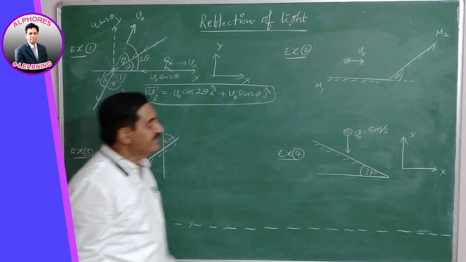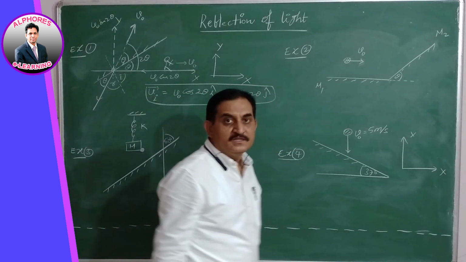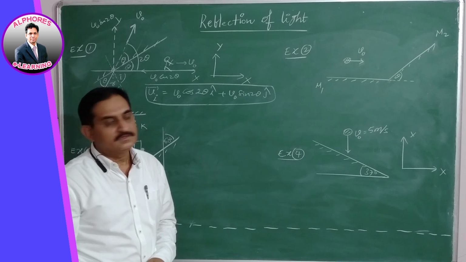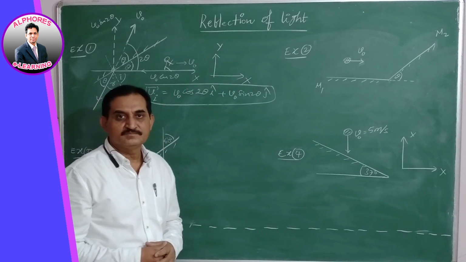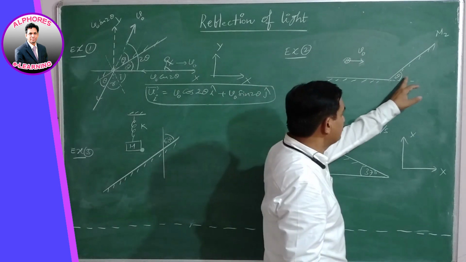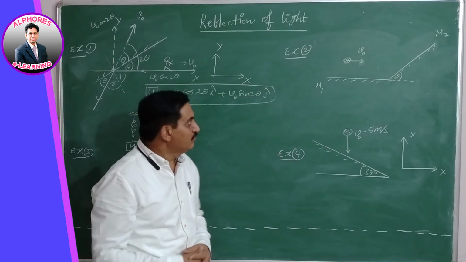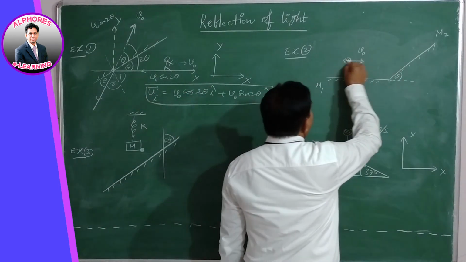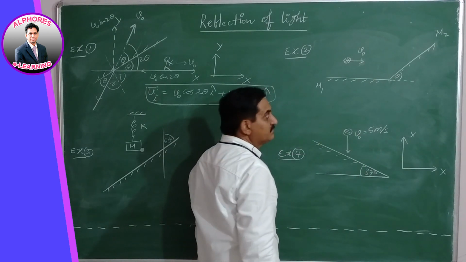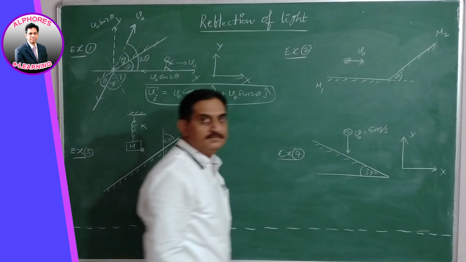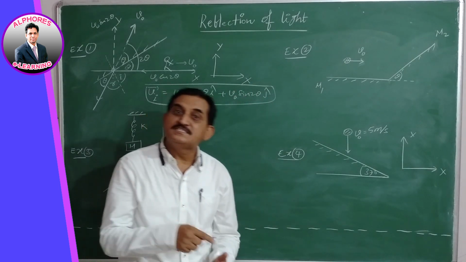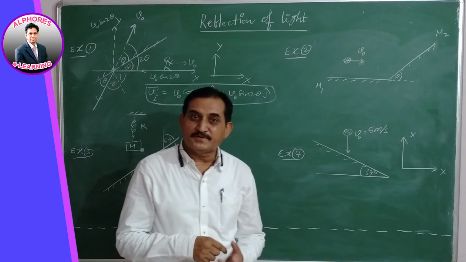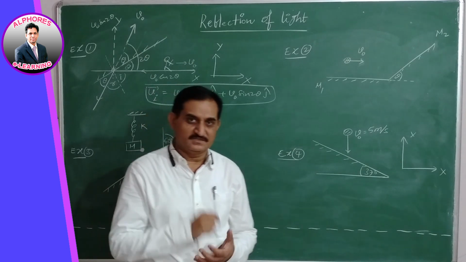And again, go for another one. Second question. There are two plane mirrors arranged as shown in the diagram. Theta is the angle between these two plane mirrors. Now, an object is moving parallel to the first mirror with a speed v0. Then what will be the speed of the image in the second mirror with respect to the image in the first mirror?